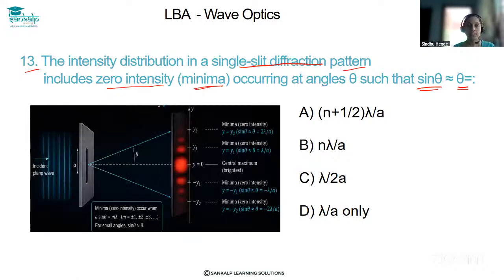So the question is related to intensity distribution in a single slit diffraction. As we know, diffraction pattern takes place in single slit and double slit also. Single slit diffraction pattern, which includes zero intensity minima, we have to find out the expression. Only the given thing is sin theta is very small here, we can take it as theta.